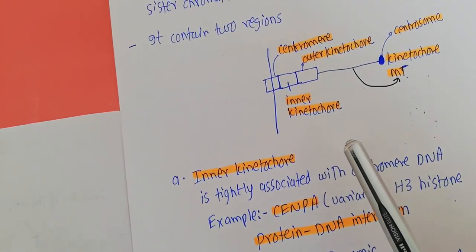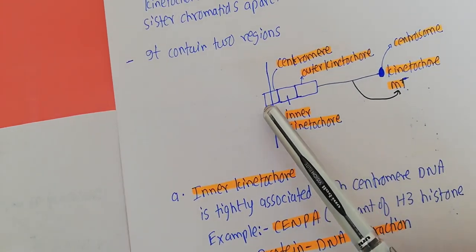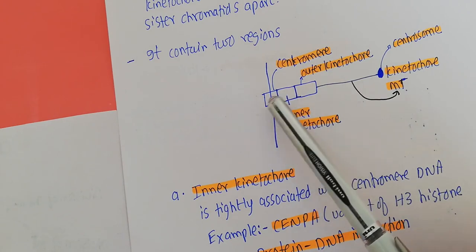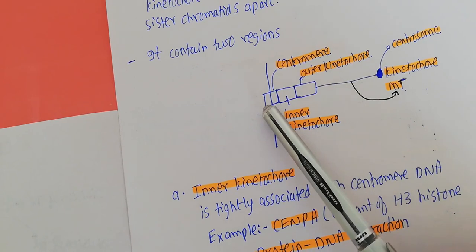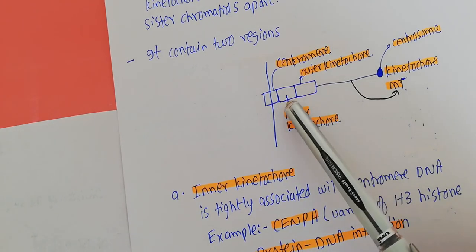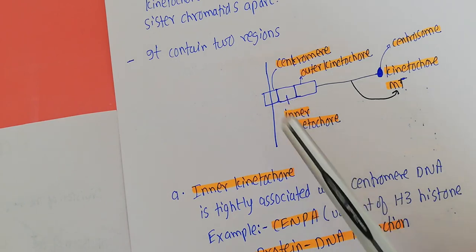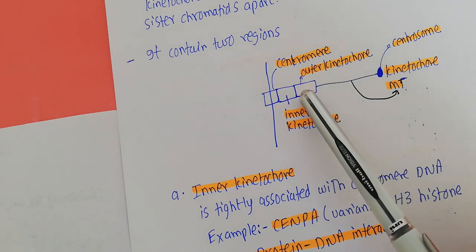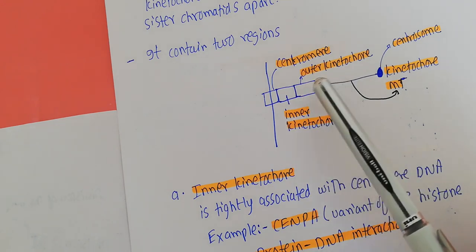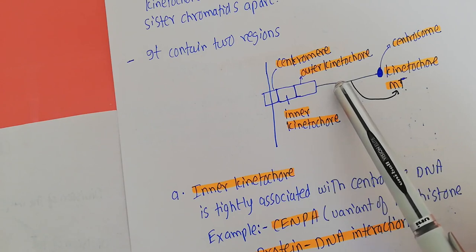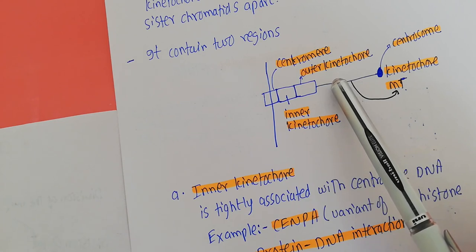If you look at this, you have the centromere DNA, and the inner kinetochore is in direct interaction with the centromere DNA. The proteins of the outer kinetochore, on one side, interact with the inner kinetochore, which is a protein structure. On the other side, the outer kinetochore interacts with the kinetochore microtubules, which are made up of proteins, alpha and beta tubulin.